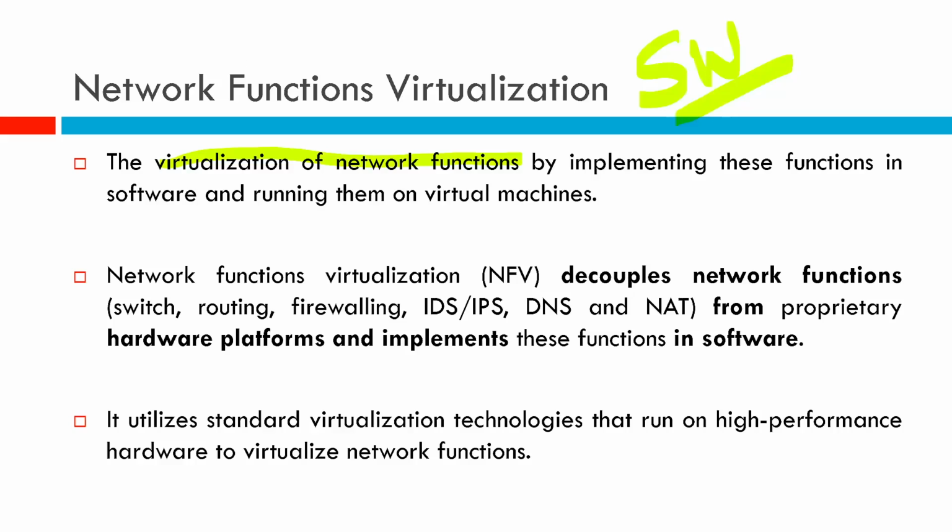So network function virtualization implements network functions in software and then runs them on virtual machines. Just assume that you are going to use them in the virtual environment. Network function virtualization decouples.